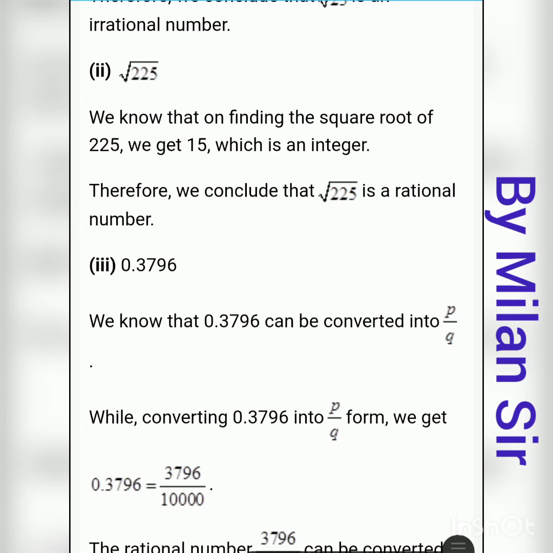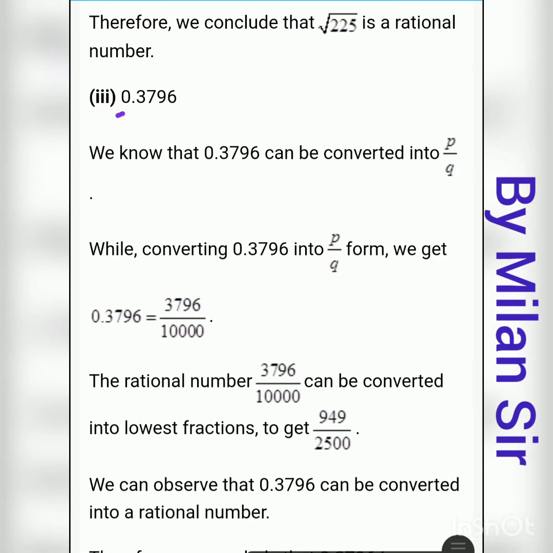Then number 3, 0.3796. So here our answer terminates, right? This is not a continuous number. That means this is a terminating decimal expansion.